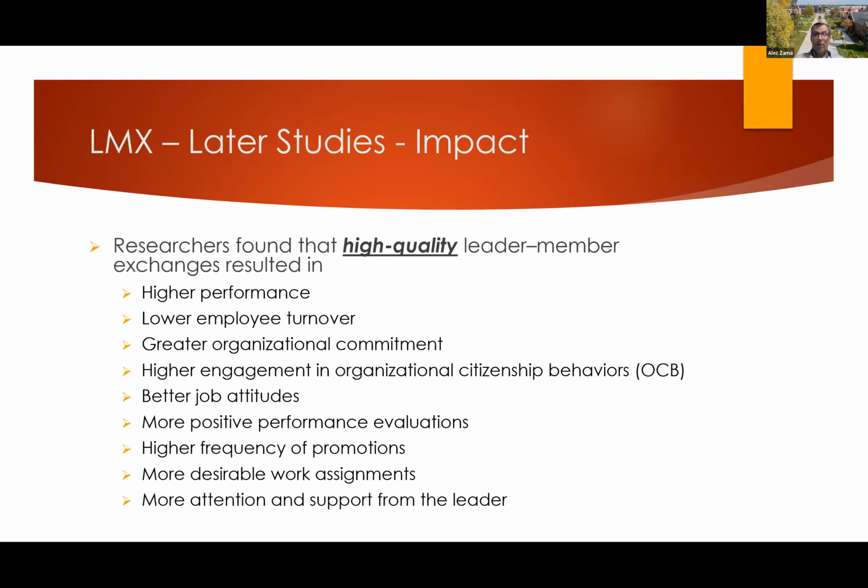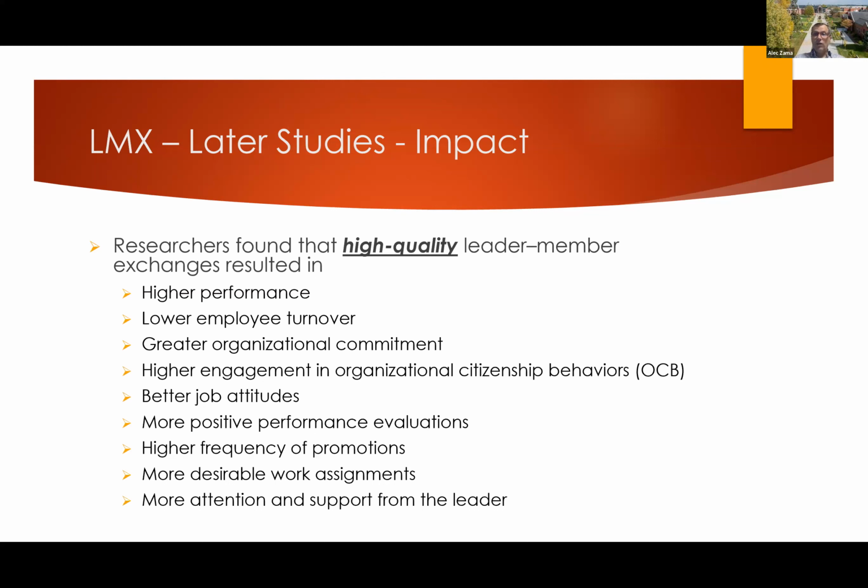There were better job attitudes and more positive performance evaluations by leaders. There was a higher frequency of promotions, more desirable work assignments, and more attention and support from the leaders toward followers. So as you can see, there are all kinds of positive outcomes that could result if there are high-quality relationships between leaders and followers.